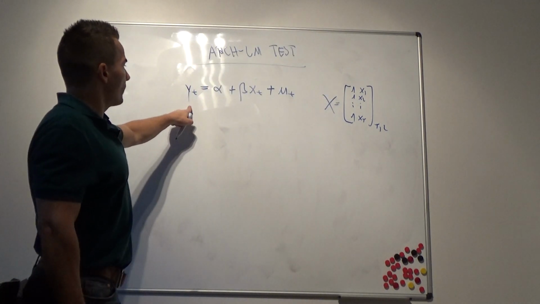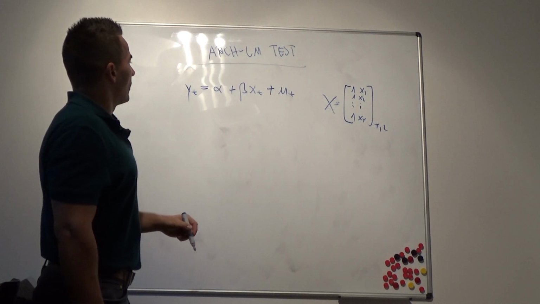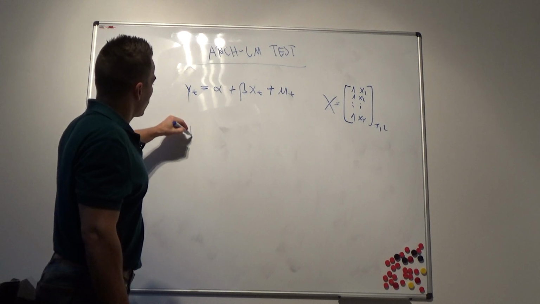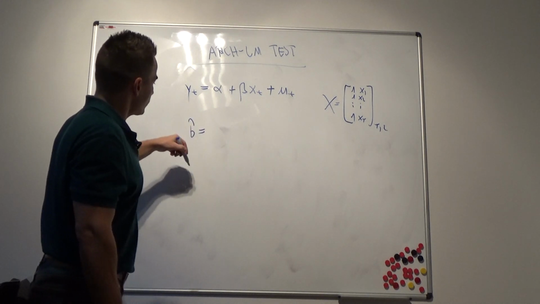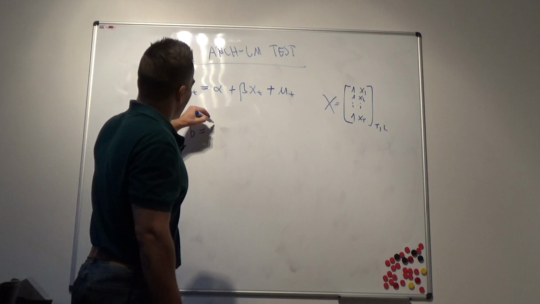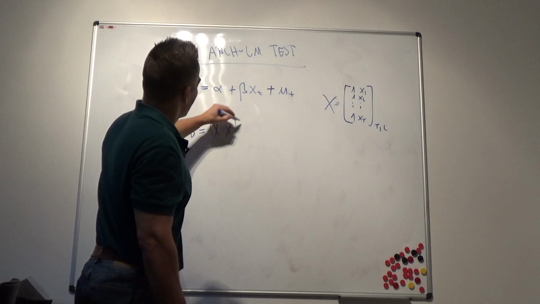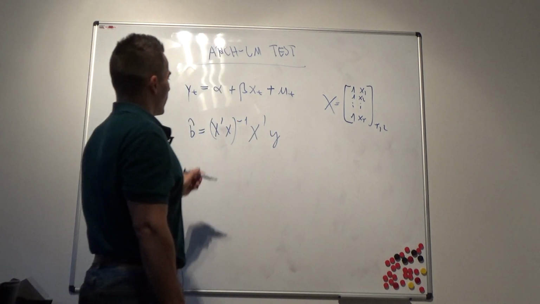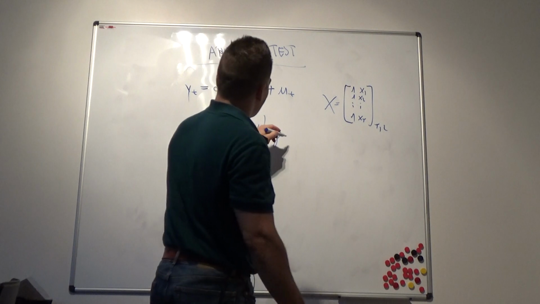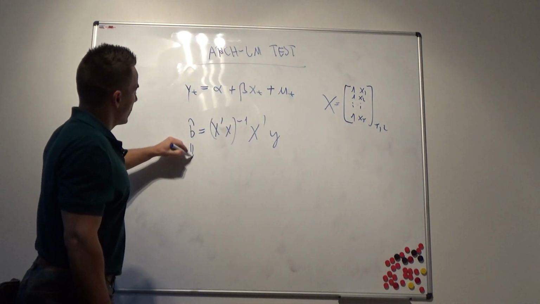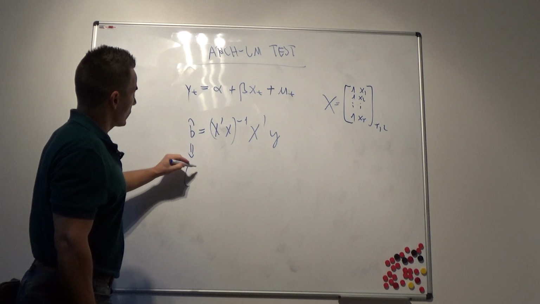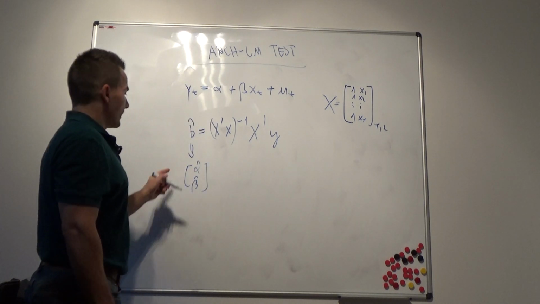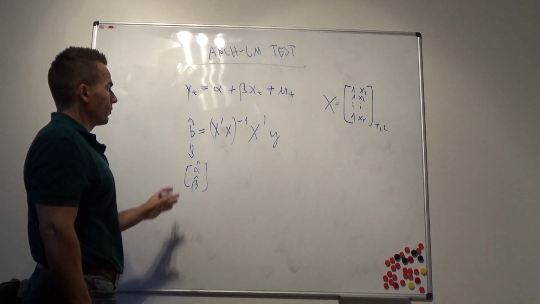This is a T by 1 vector of excess returns, and we would then estimate our beta hat by X transposed X inverted times X transposed y. So what we would get then is the point estimator. Our beta hat would be a 2 by 1 vector where we have the estimated alpha, and the estimated beta would be the second element.